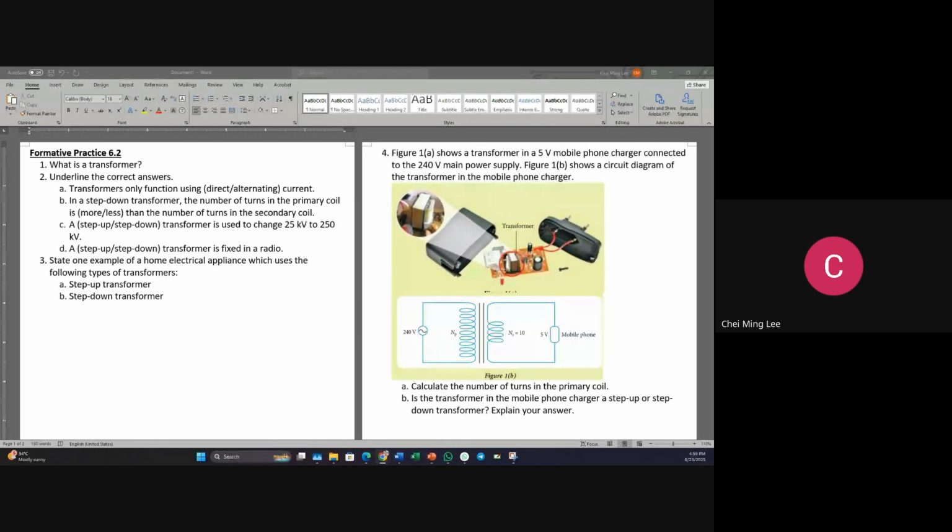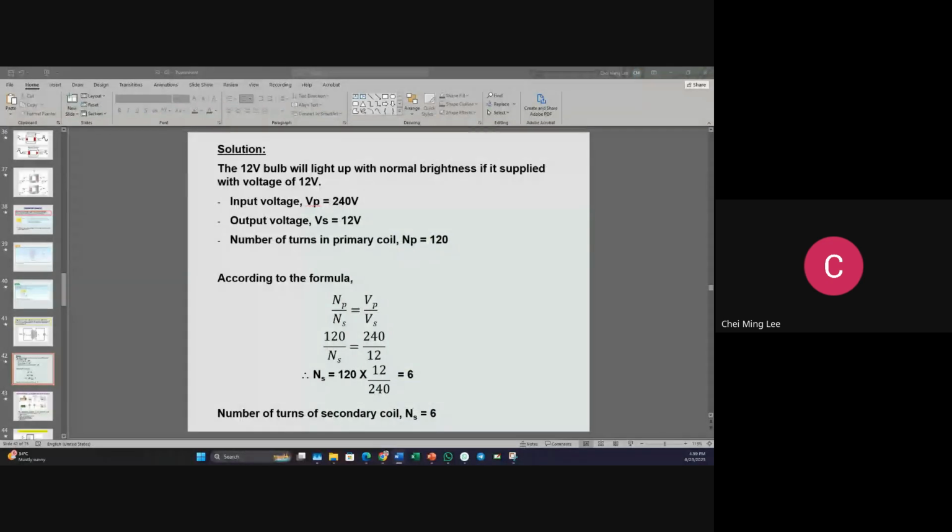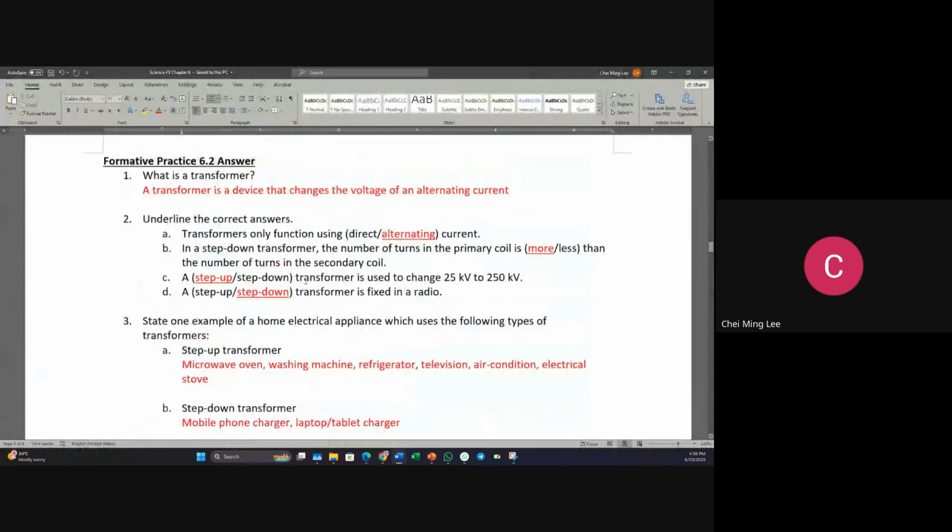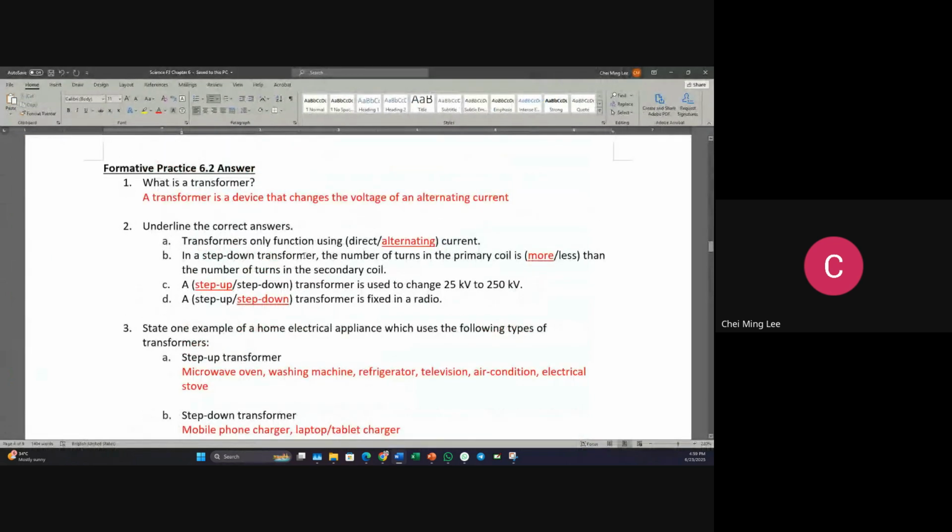Okay, so let's see the answer. So first, what is a transformer? A transformer is a device that can change the voltage of an alternating current. So underline the correct answer. A transformer only functions using alternating current.